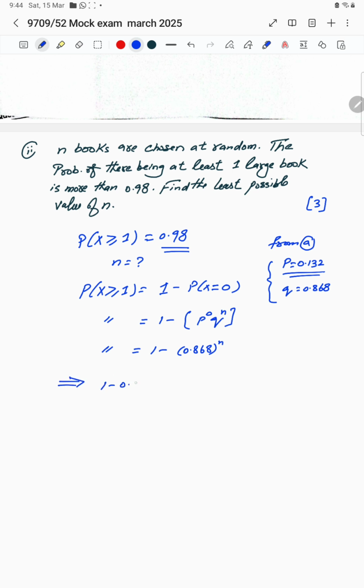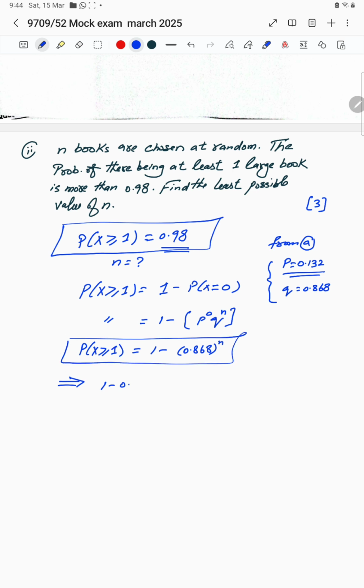I'm just substituting the value here. This answer was probability of x is greater than or equal to 1. We know this. Now I'm substituting this value over there. So 1 minus 0.868 power n, and it will be greater than 0.98.